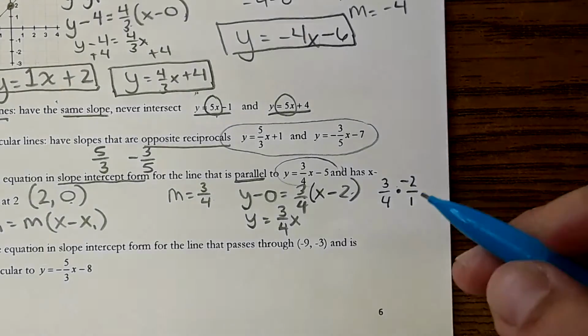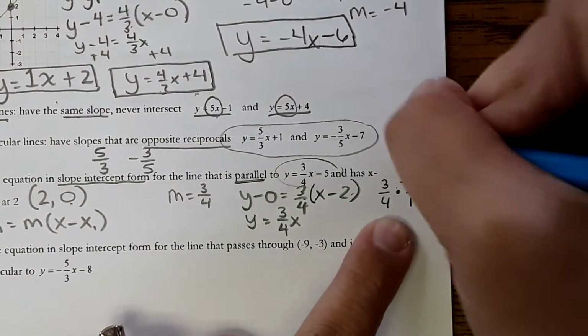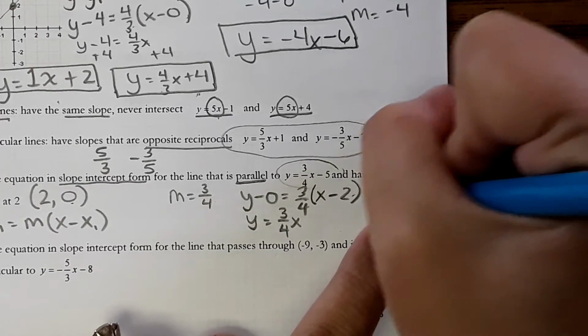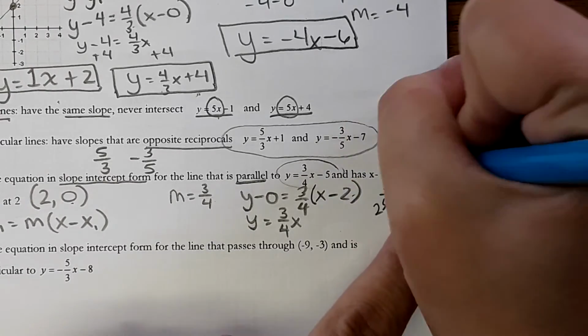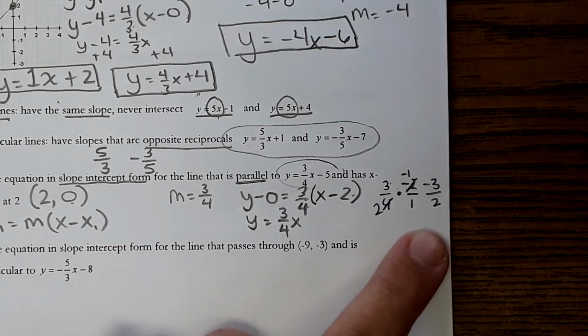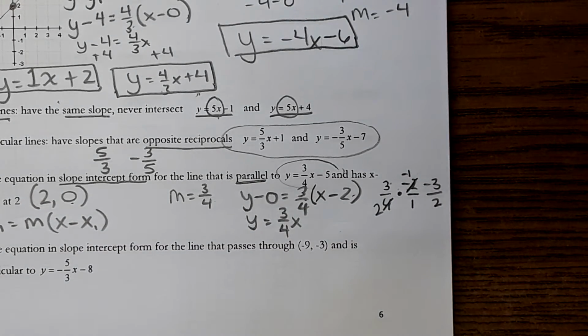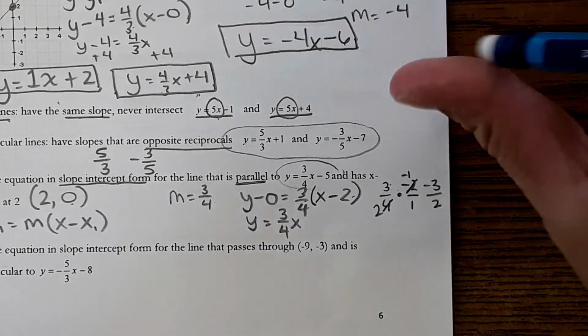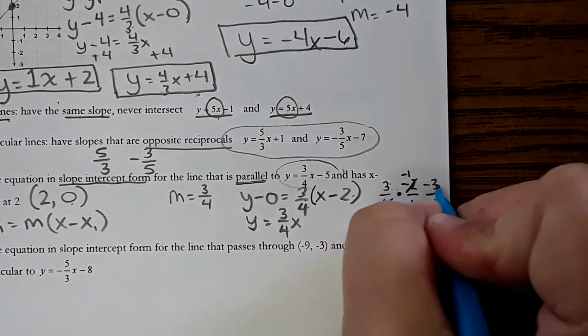I'm going to simplify before I multiply. Negative 2 and 4 can both be divided by 2, so I get negative 1 and 2. 3 times negative 1 is negative 3 over 2. So we get negative 3/2.